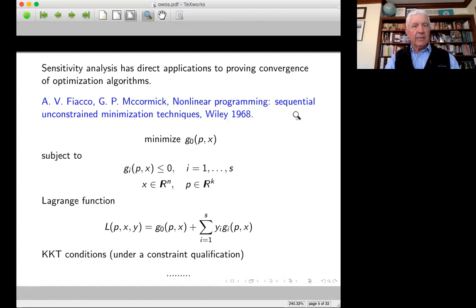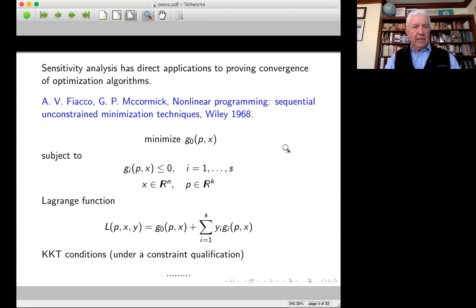Basically, the numerical analysis of optimization problems was the central topic, and sensitivity analysis was used as a tool for proving convergence of algorithms in this book. So I would like to present now the main theorem about sensitivity in this book.